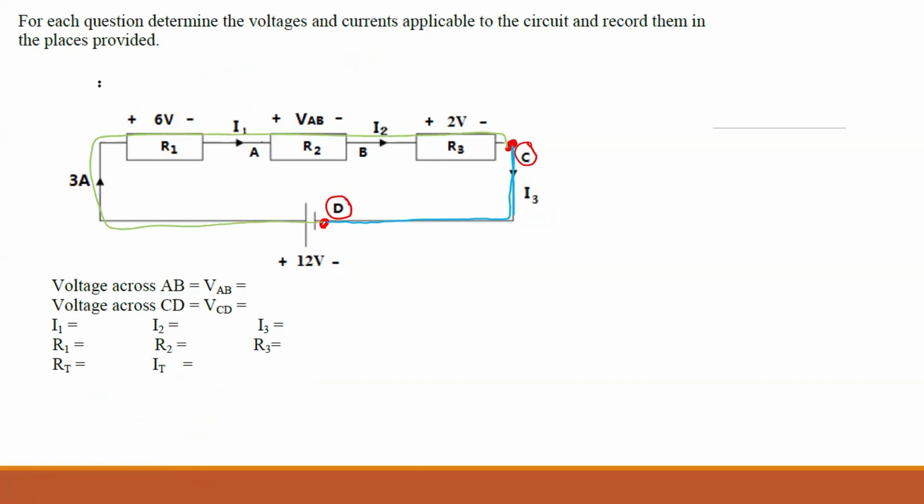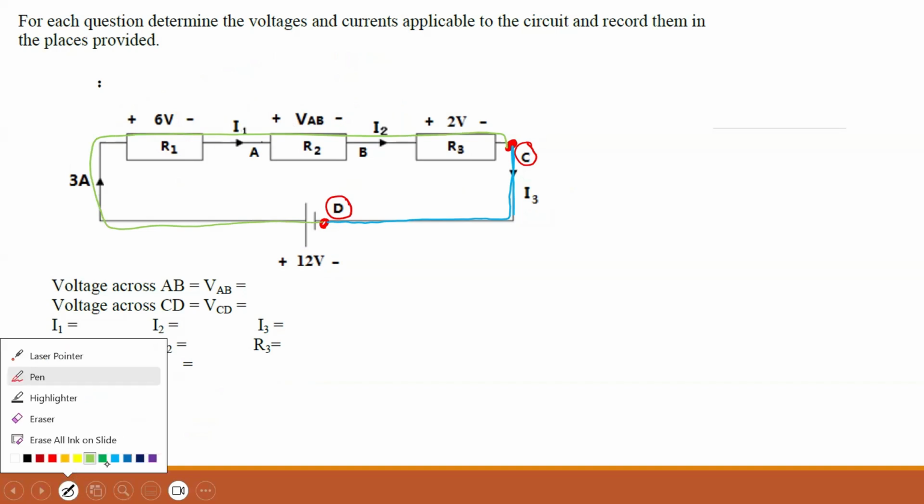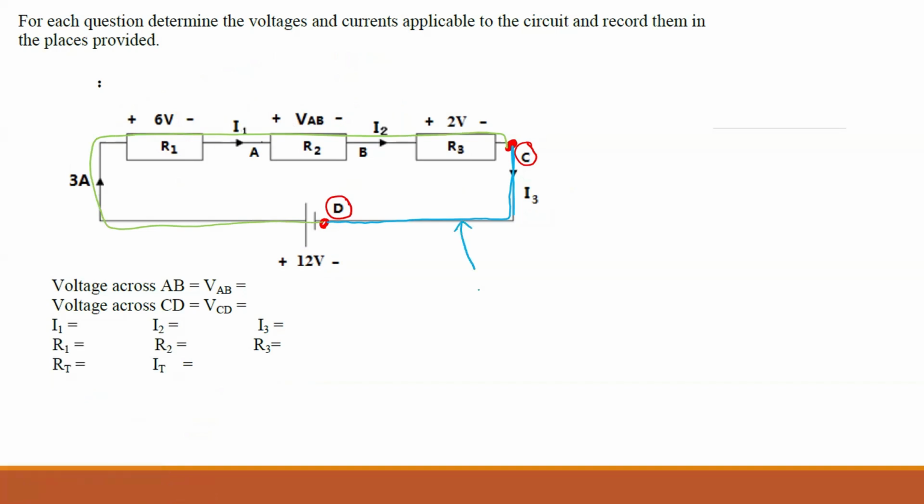Both will give you the same answer. The easy path is this path. Voltage is current times resistance. If you look at this path, you have a current, which is 3 amps. But do you see any resistor between C and D if you consider this right-hand part, the blue part?